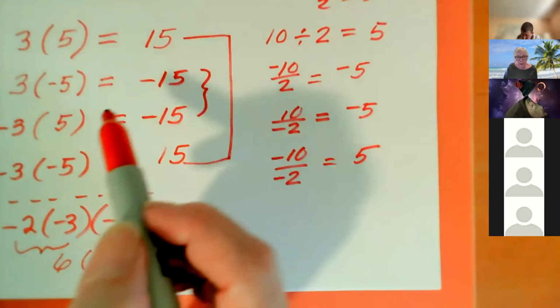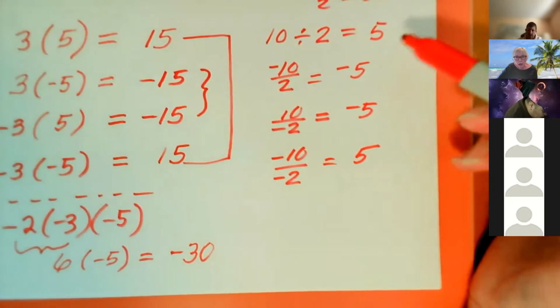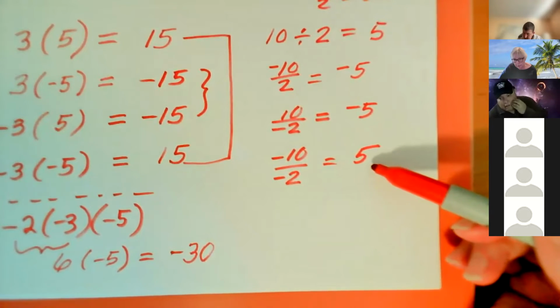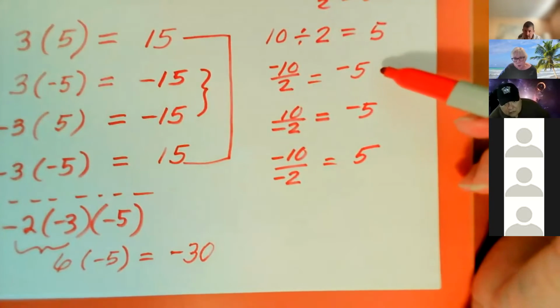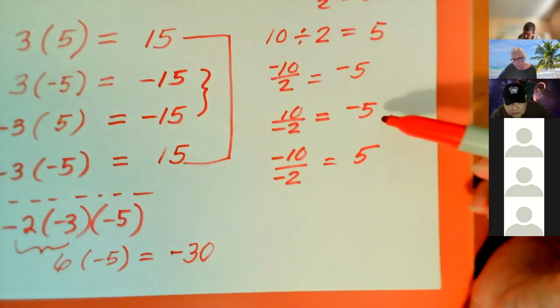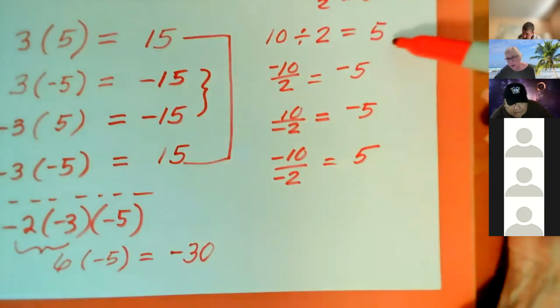This division and this multiplication are identical in structure. Two positives, positive; two negatives, positive; but one negative in division, negative. Same exact. So once you get this down, you've got this down.